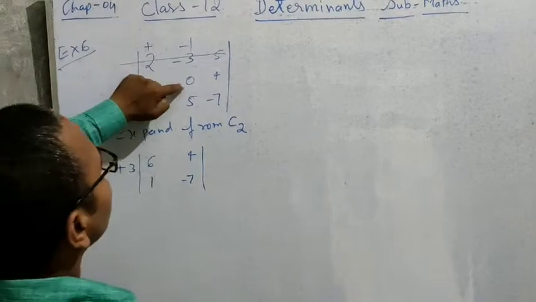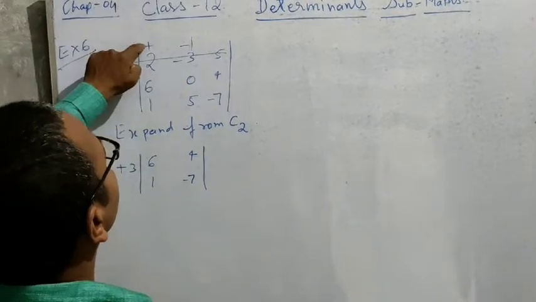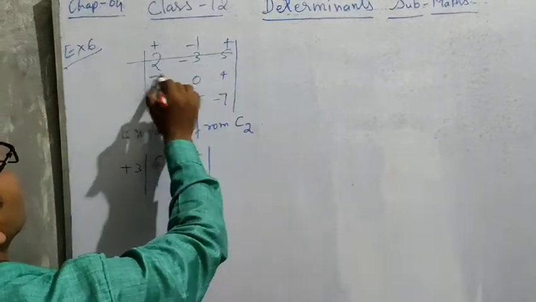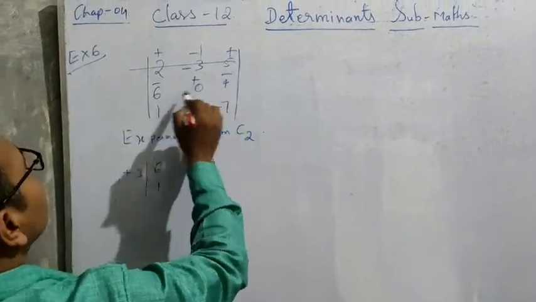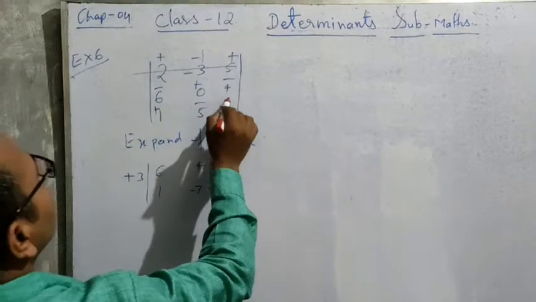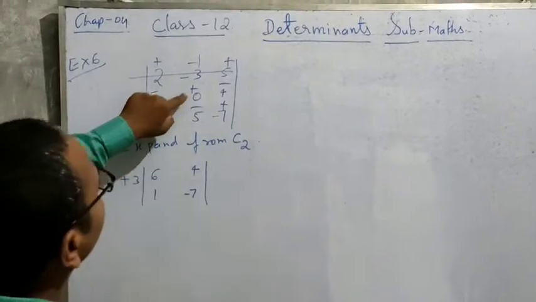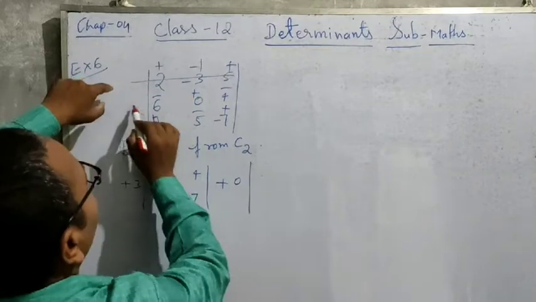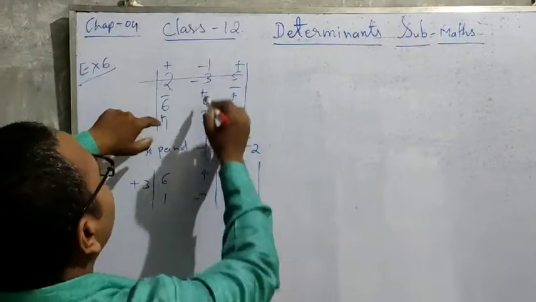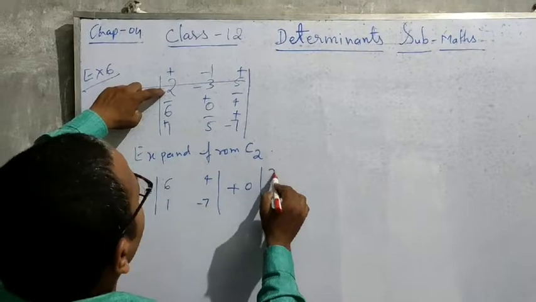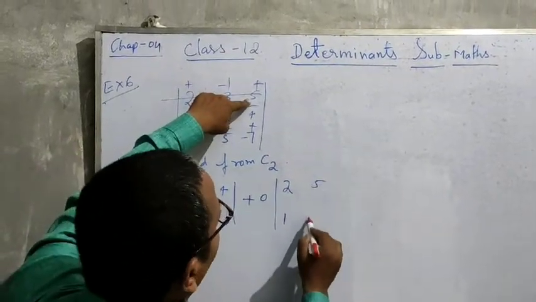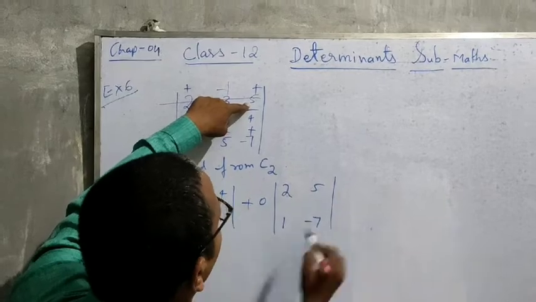Again 0 we take here. The sign will be plus, so plus 0. Whatever is left after removing second row and second column, we get 2, 1 and 5, minus 7. We have got this much.